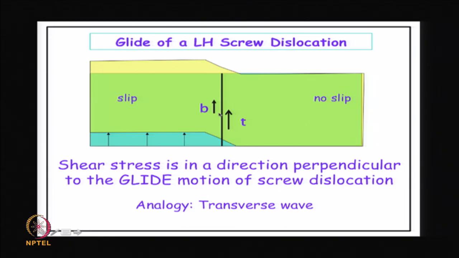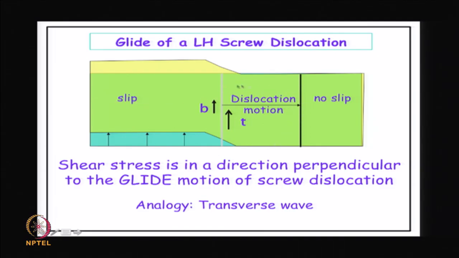Now, if I wish to move this dislocation line to the right, then what do I have to do? Let us see if the dislocation line moves up to this location, which means the slip side will now extend up to this line.